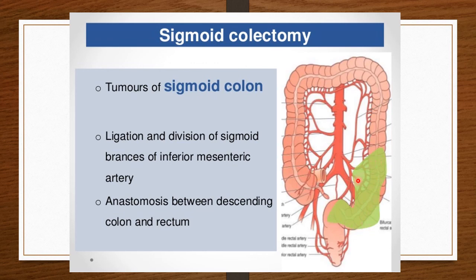The green shaded area here is the removal of the sigmoid colon after the ligation of the sigmoid arteries, which come from your inferior mesenteric artery, and then the proximal end of the resected descending colon is brought down to anastomose with the top of the rectum. Okay, and that is known as the colorectal anastomosis or rectocolic anastomosis.